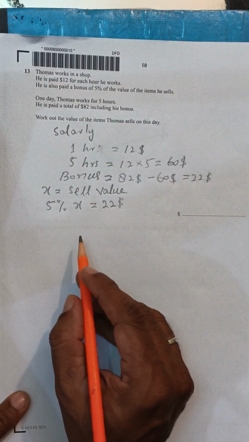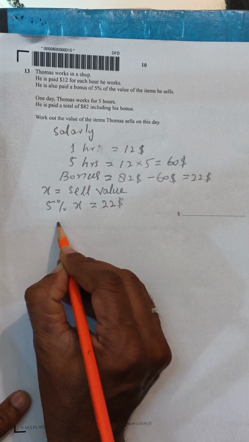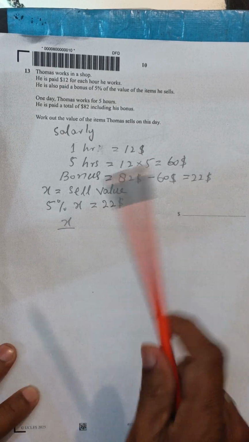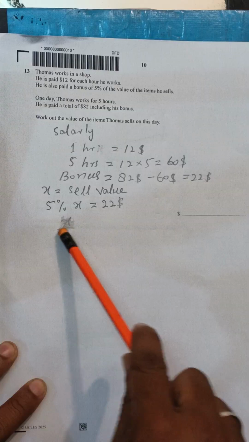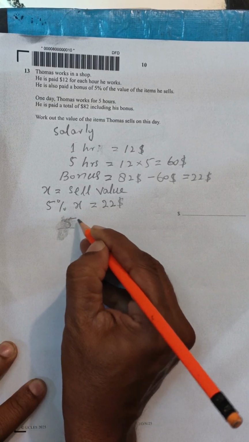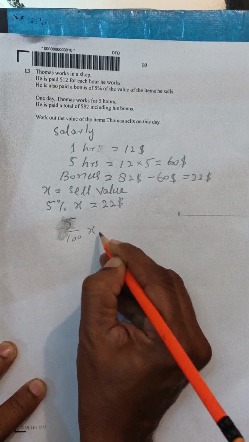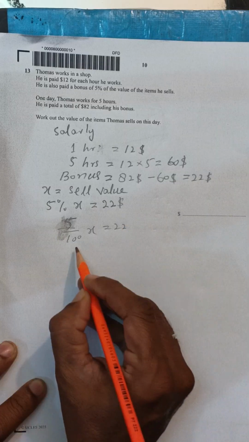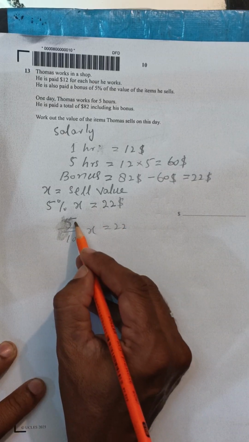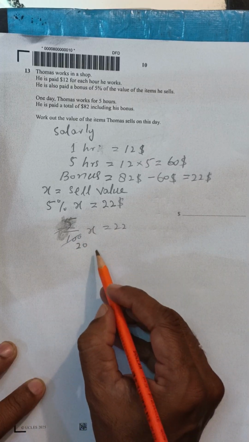So 5 divided by 100 times x equals 22. 5 ones are 5, 5 twenties are 100.